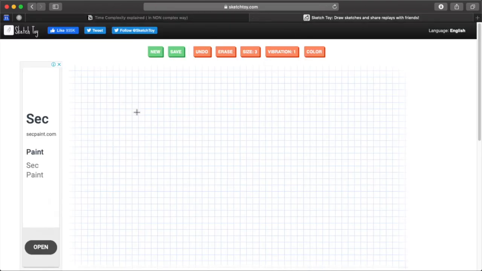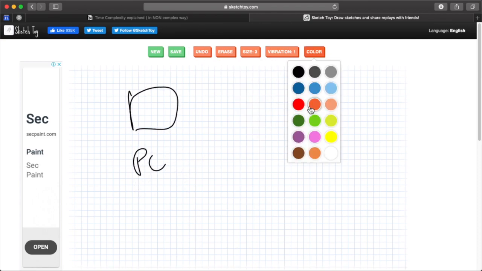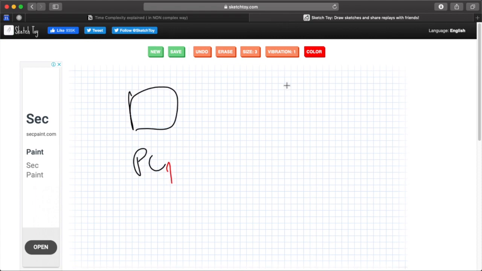Let's say here, PC1 and PC2, and this PC may be faster than this one, so you cannot compare it.